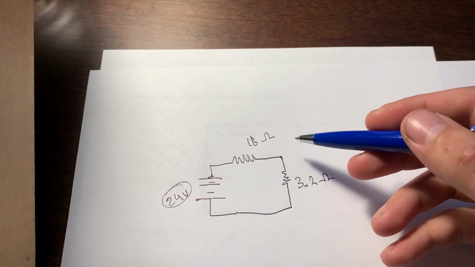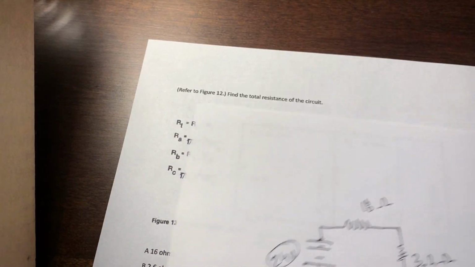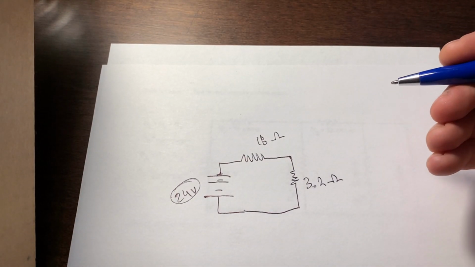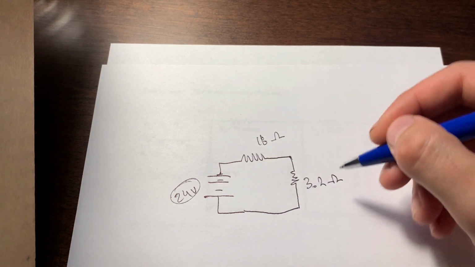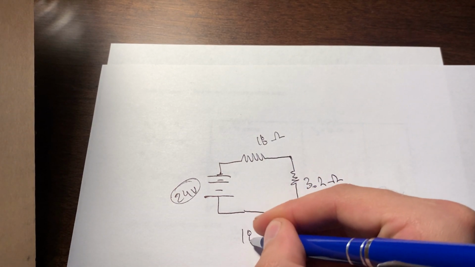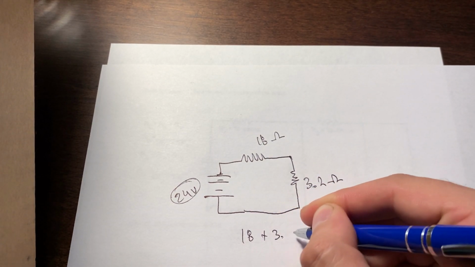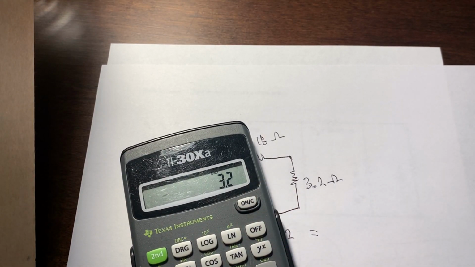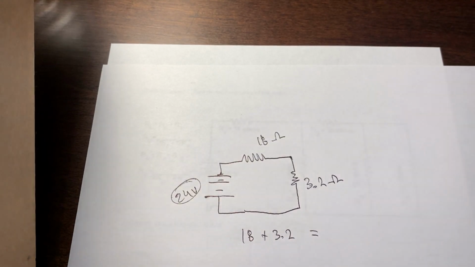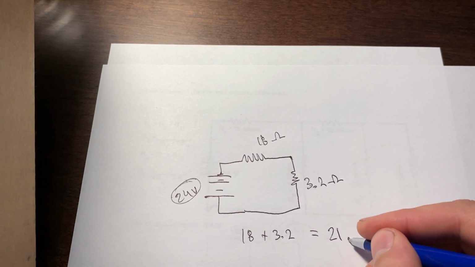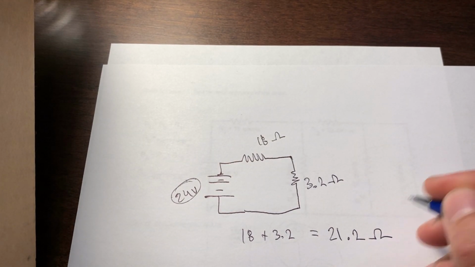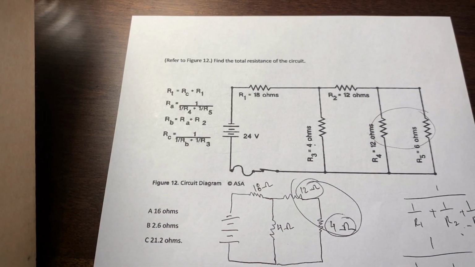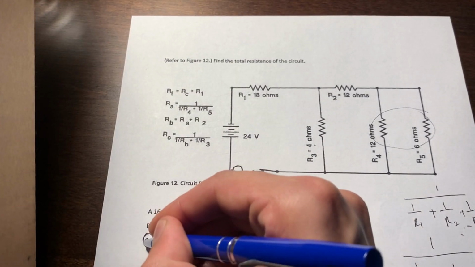So this is now a series circuit. Find the total resistance of the circuit. The total resistance would be 18 plus 3.2, which gives us our total resistance, 21.2 ohms. And our answer is C.